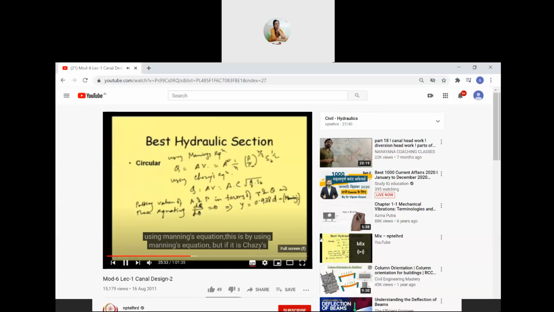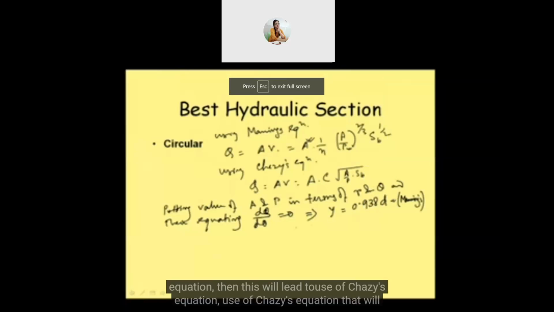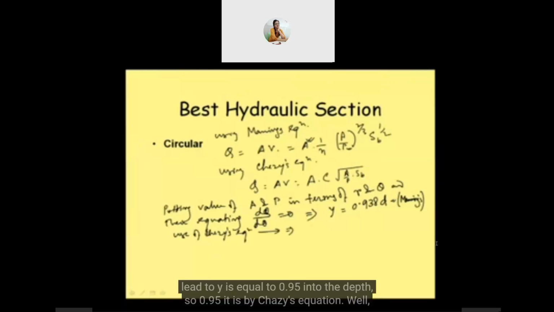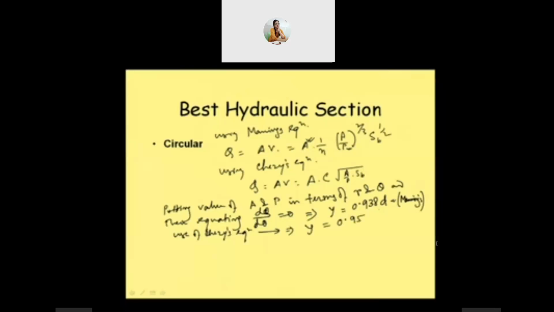But if we use Chezy's equation, that will lead to y equal to 0.95 into the depth. So 0.95 is by Chezy's equation.